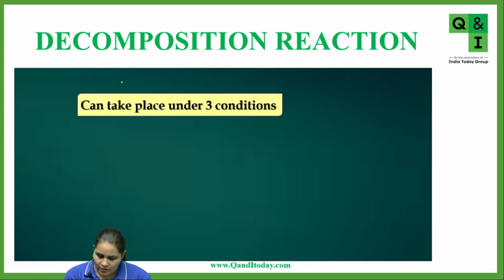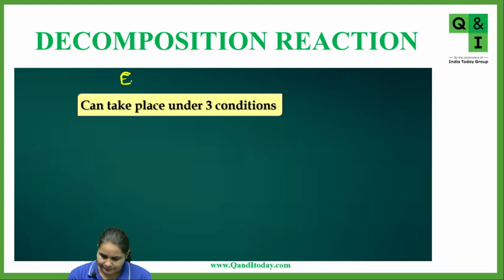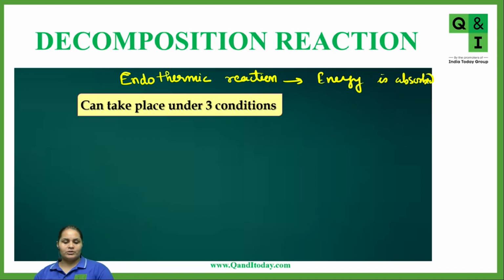Decomposition reaction is endothermic reaction. When I say endothermic, it means energy is absorbed during the process, or heat is absorbed during the process. So decomposition reaction is actually an endothermic reaction.